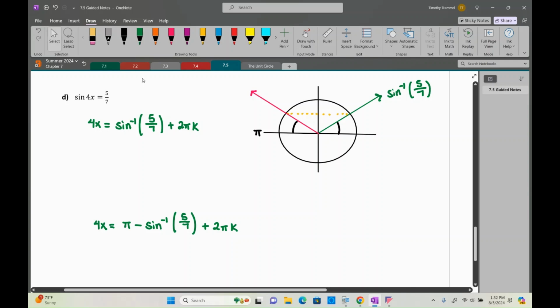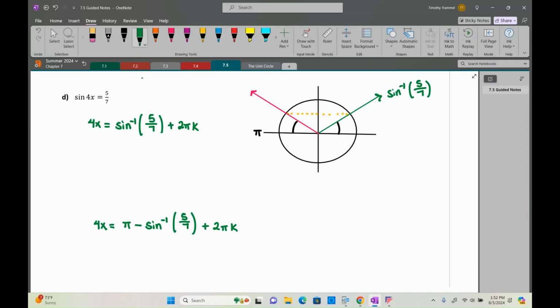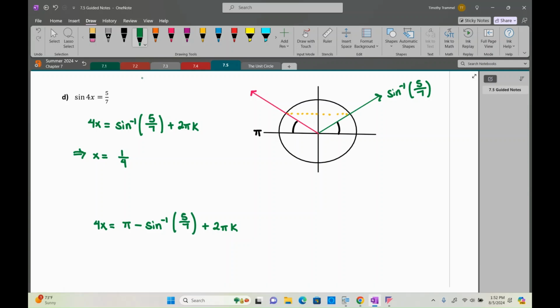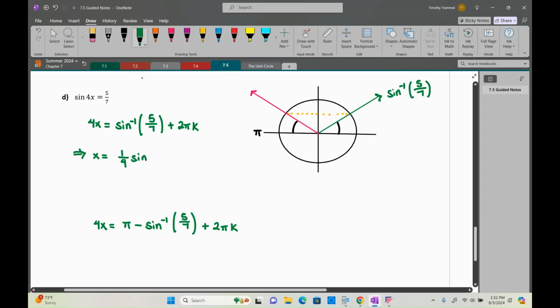So from here, I want to solve for x, which means we're going to need to divide each side by 4. Okay. So this is one set of solutions.